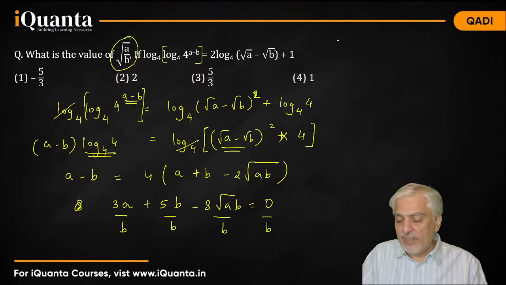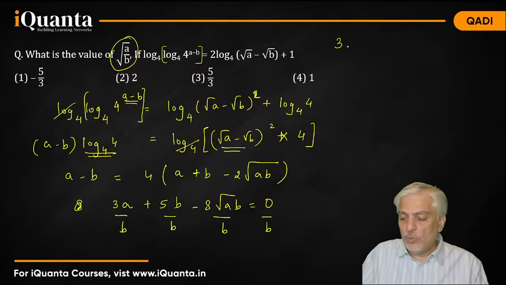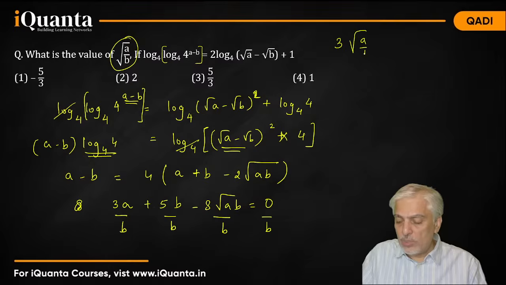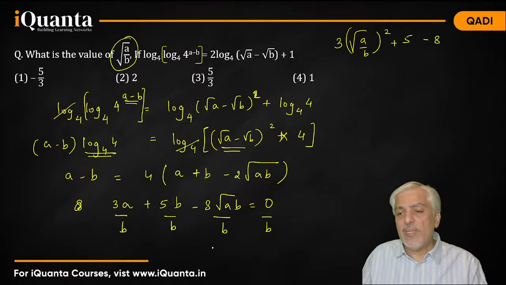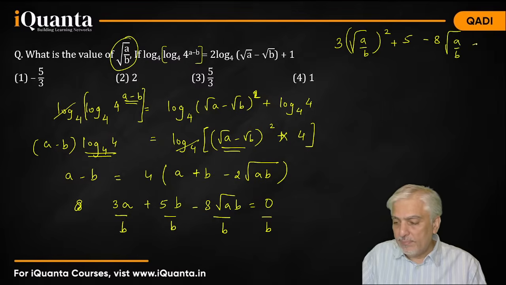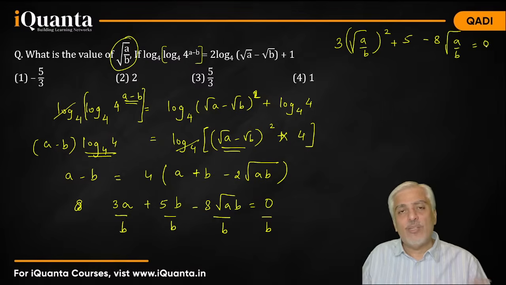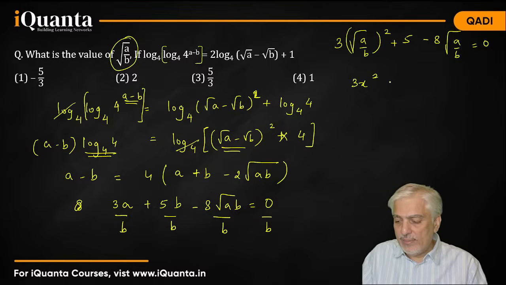A upon b can be written as root of a upon b the whole square, plus 5 minus 8 root ab upon b, which will become root of a upon b, is equal to 0. Let root of a upon b be x. So 3x square minus 8x plus 5 is 0.